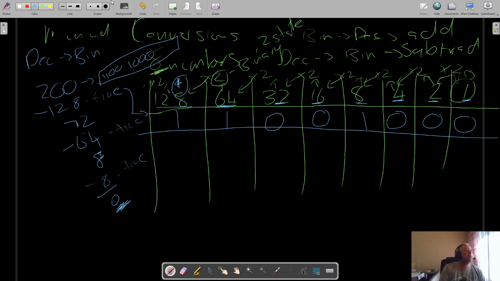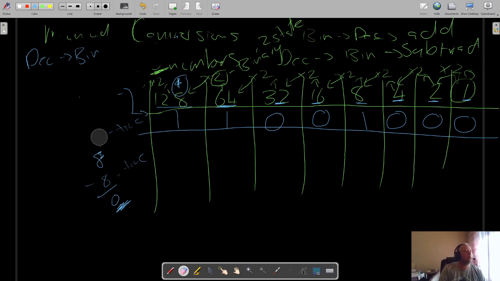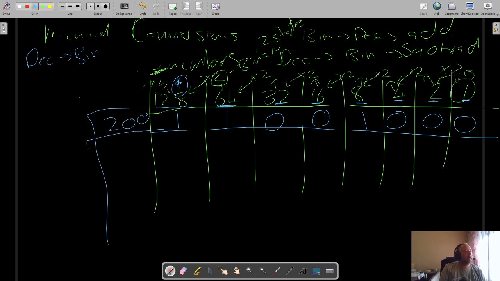Hey, let's take another number. So let's take away all of that. This was 200, just so that we keep it in there. This is the decimal number. And let's take the decimal number of, I don't know, 164. Okay, so we do the whole process again.